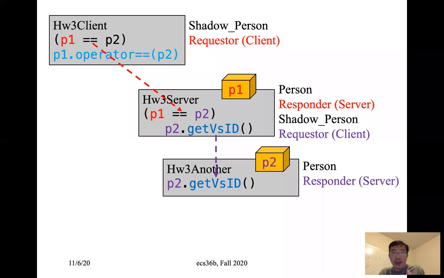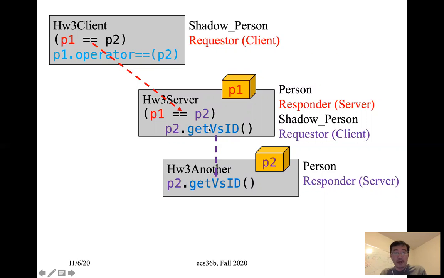So now we have another relationship between HW3 server and HW3 another. In this case the role changes a little, because the code requesting this function is now in HW3 server, and the code responding to it is in HW3 another. So in other words, now we have a different role.